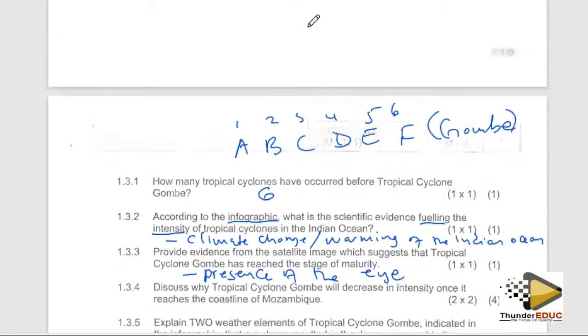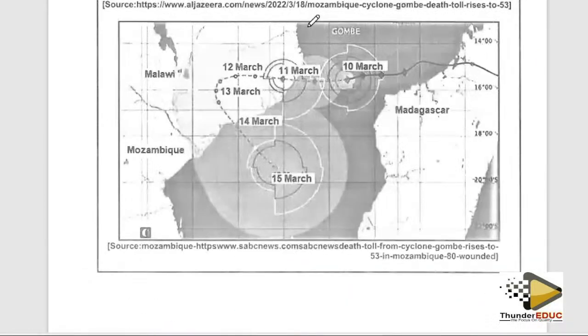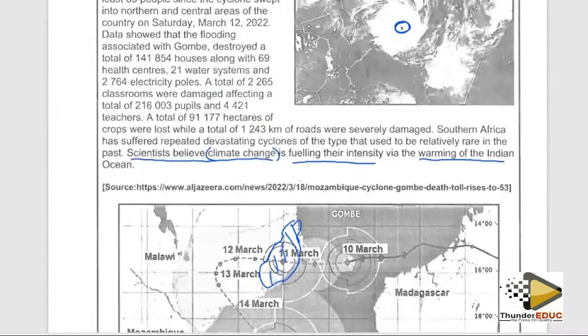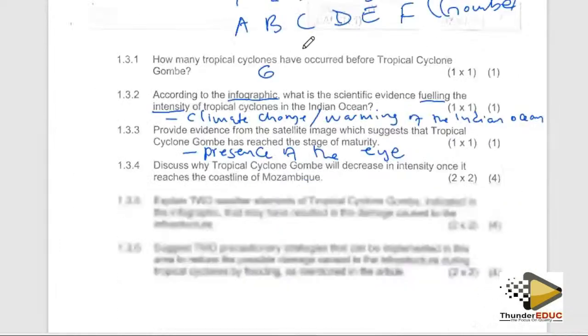But if we check on our synoptic map, you can see this is our cyclone Gombe, and somewhere here we have Mozambique, and you know Mozambique is land, right? It's land. Or if you check on the slide image here, so this is Southern Africa, this is Madagascar here, if I'm not mistaken. So if it moves close to this point, it is moving towards land, and we know when a cyclone reaches the land, there will be friction.